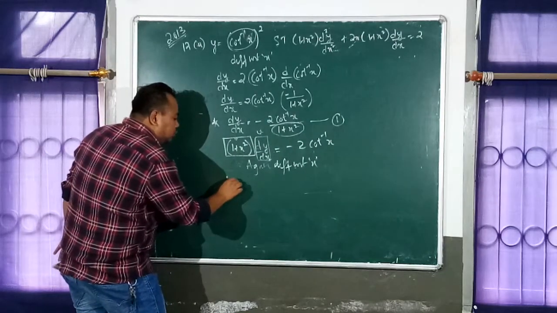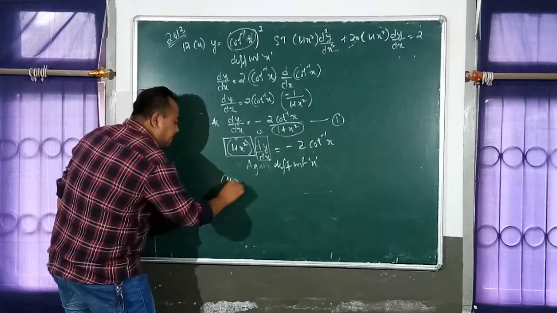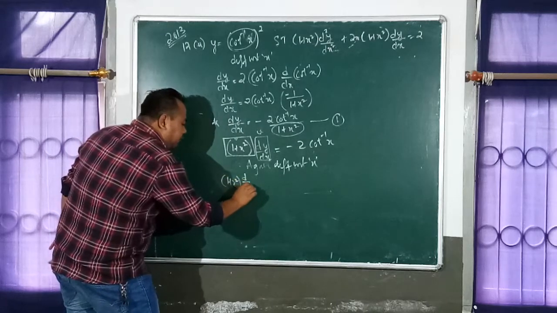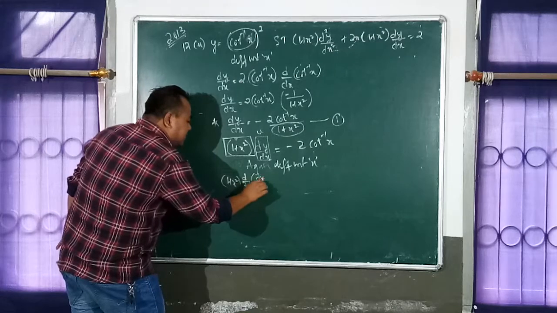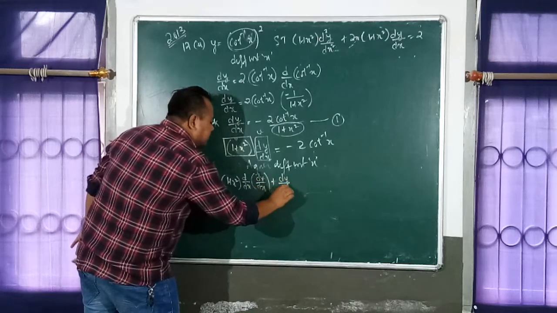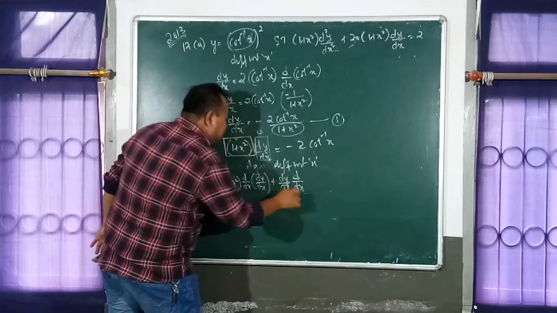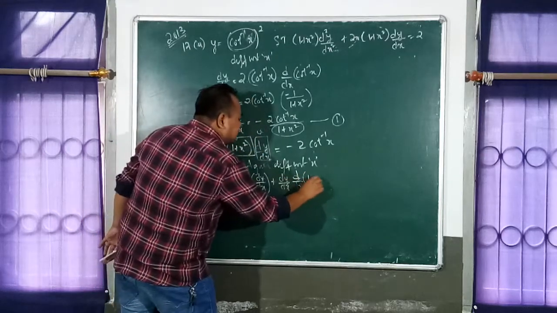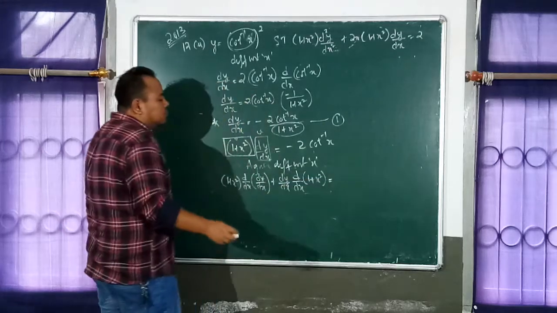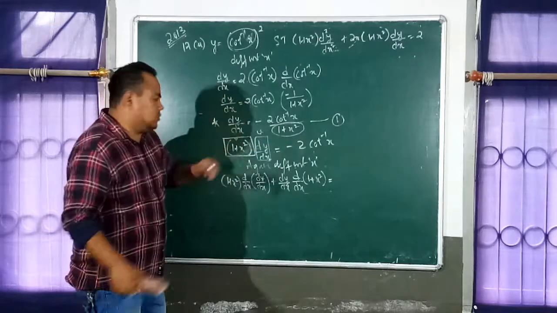It is u d by dx of v, that is dy by dx, plus v, that means dy by dx, into d by dx of u. What is u? 1 plus x squared. If you use differentiation on the left, you need to differentiate the right also.